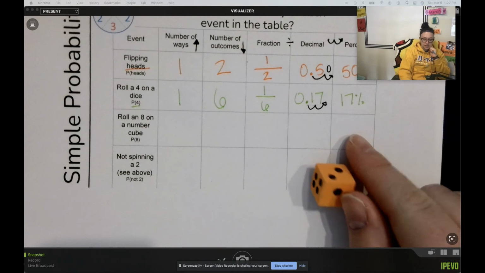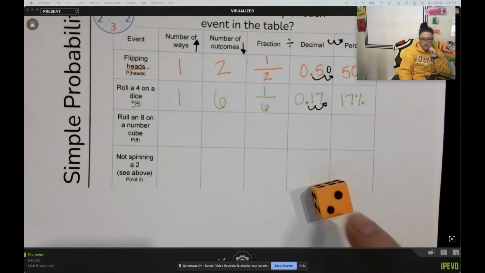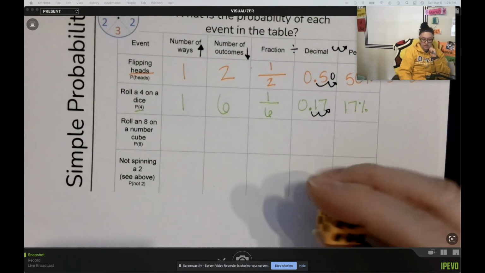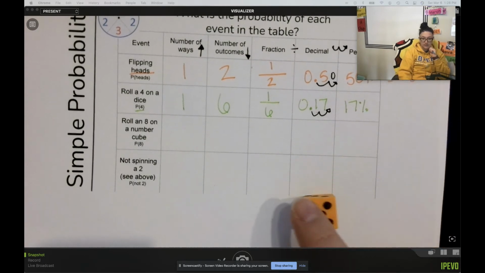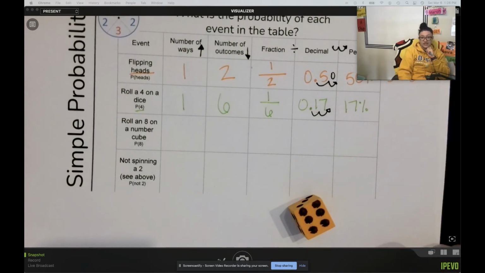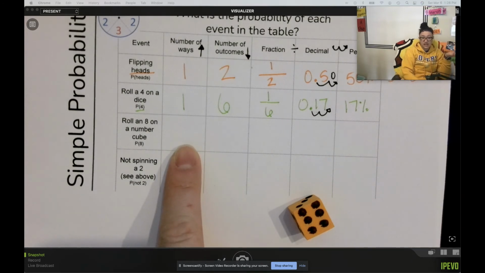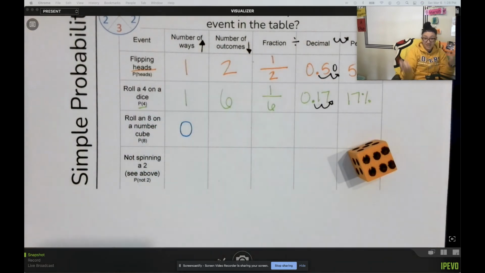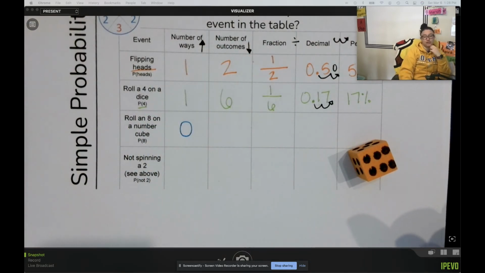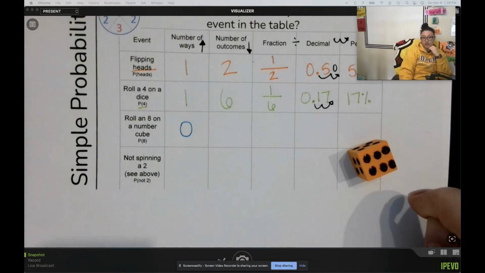A dice, a number cube only has 1, 2, 3, 4, 5, and 6. There is no 8. So can I roll an 8 on a number cube? No. There aren't any there. It's impossible to roll an 8 on a regular number cube on a dice.